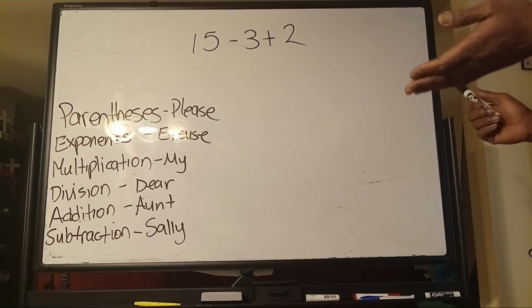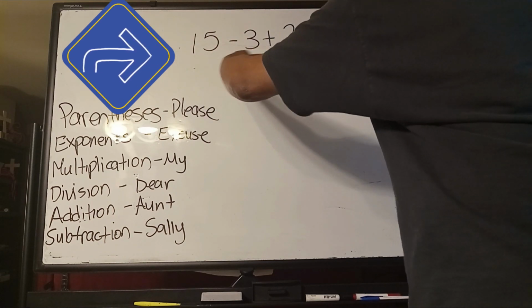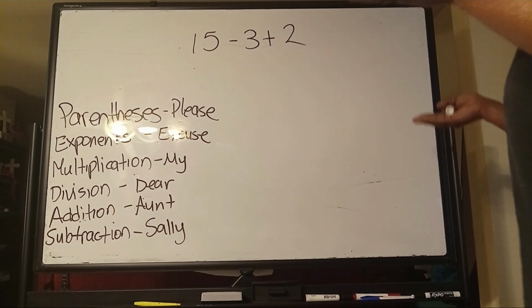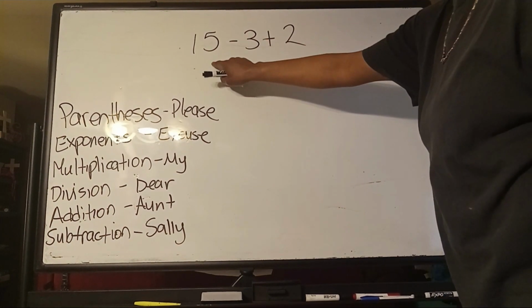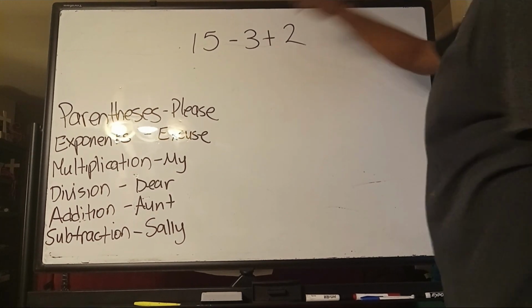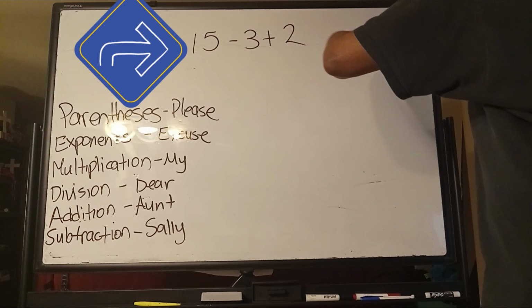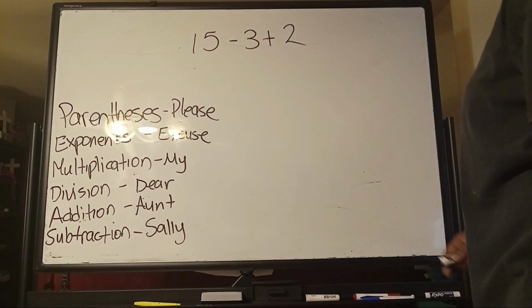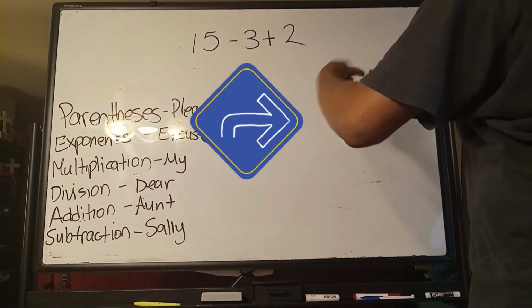So now it doesn't matter. But it does. Which one comes first? They weigh the same amount, which means no one goes first. If the plus would have been first, then you would do the plus. That's what it means. It just depends on how it's written. Going from left to right, whichever one you get to first, with these two, that's which one you do first. Same thing with multiplication and division. Whichever one you get to first is the one that you do.